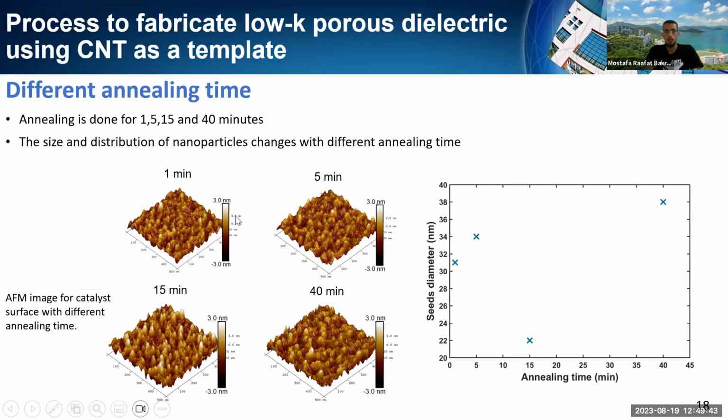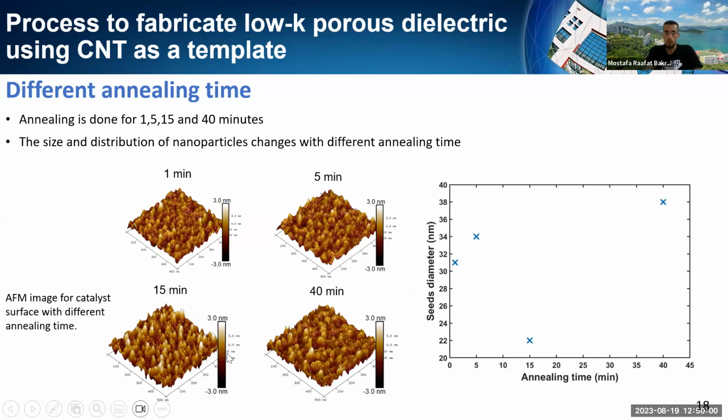With a longer annealing time, this number is increased and the uniformity is getting better until we have the optimum treatment as shown here. So we have many metal nanoparticles in a uniform shape.